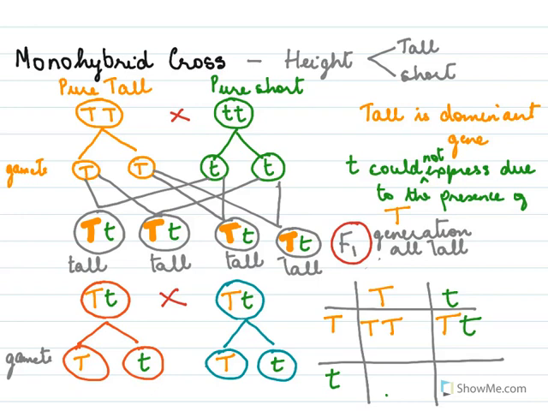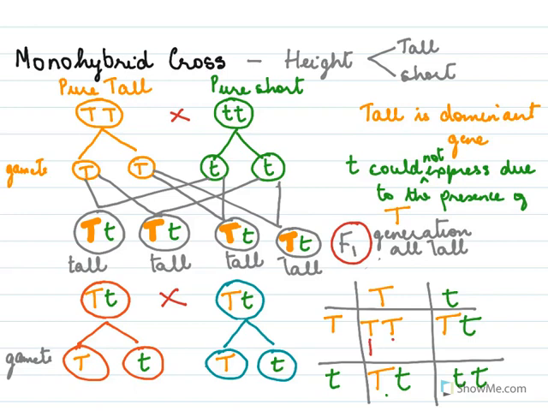Next we have this T crossed with this gamete, and then we'll have T and t. And in the last we have this T with this T, and that would give us TT. Let us see what the characteristics are.